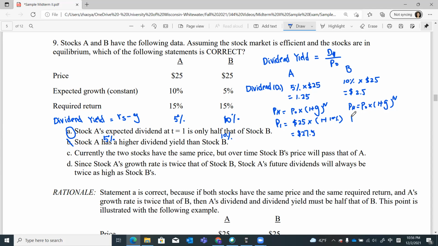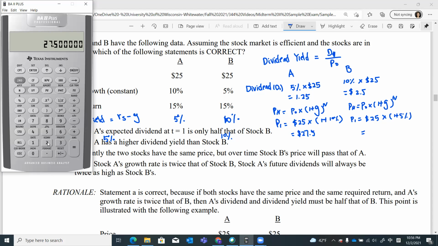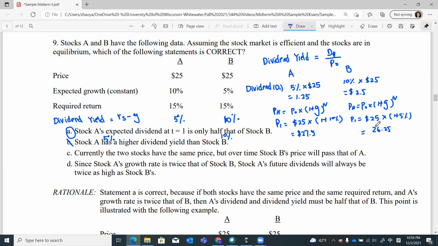We found that in the future, price of stock A is going to be higher. So we rule out C.